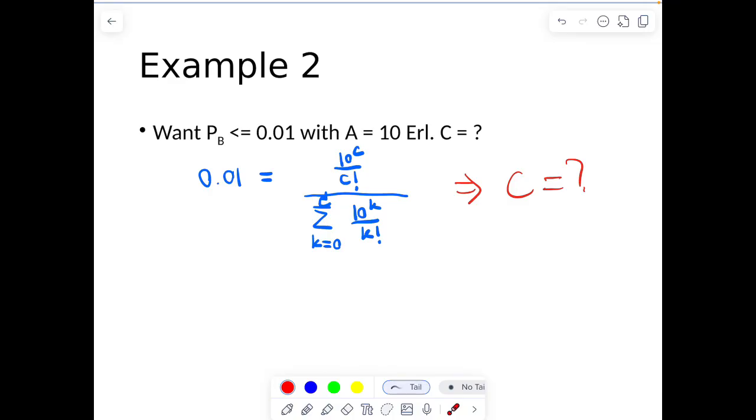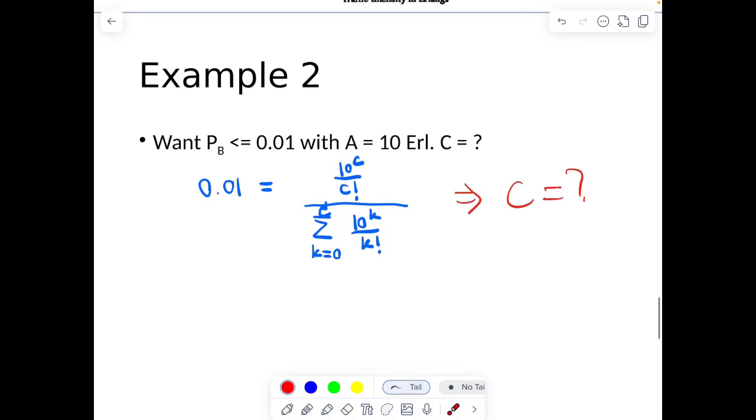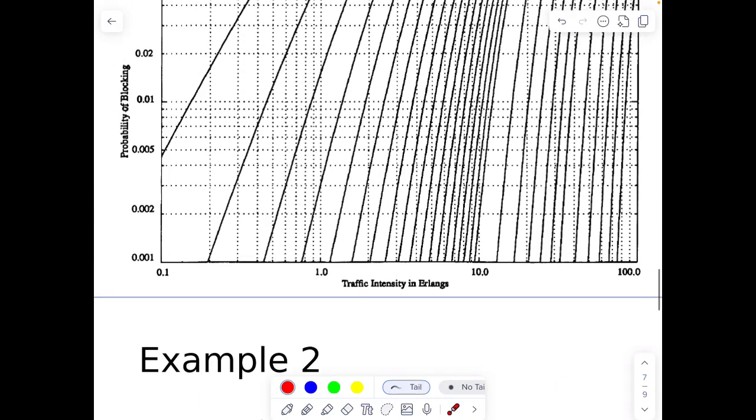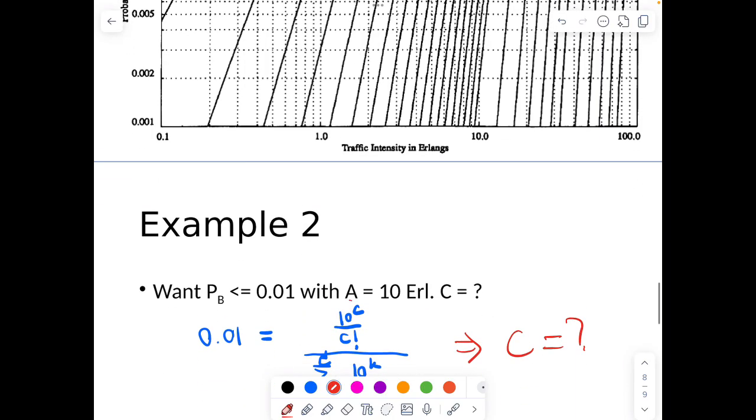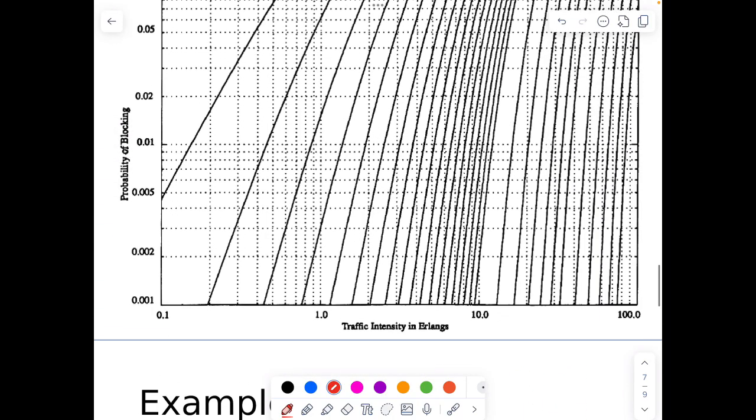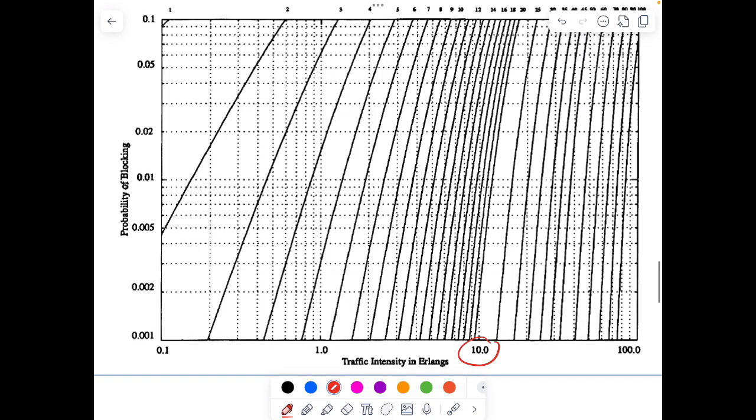One thing you can do is, it's easy to just use this Erlang B chart. So let's see how you can use that. So first, A is equal to 10. That's going to be this vertical line. That's A equal to 10.